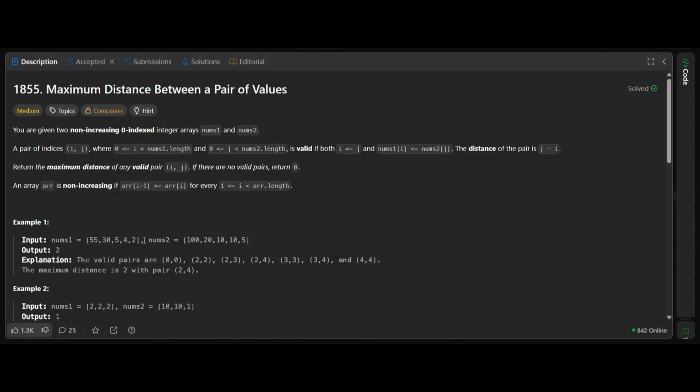If we think in a straight, simple direction, we take a number from here, start a loop in this array, and check whether we can find a number equal to or greater than the number we are standing on. That is very simple.